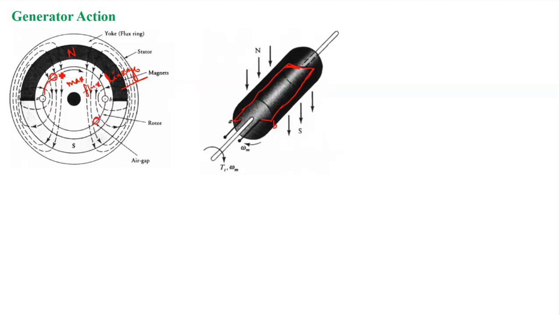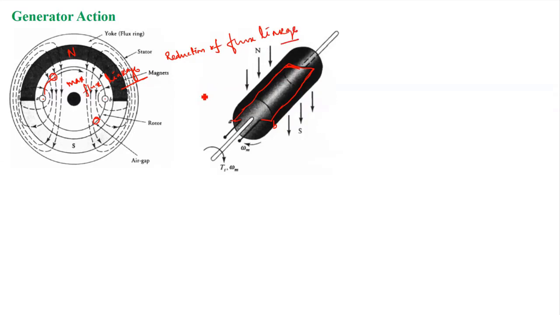So then your flux linkage will reduce, because some of the flux lines will not be enclosed inside this coil, right? So that means your flux linkage will reduce gradually, that means there is a change in flux, a reduction of flux linkage to the coil.